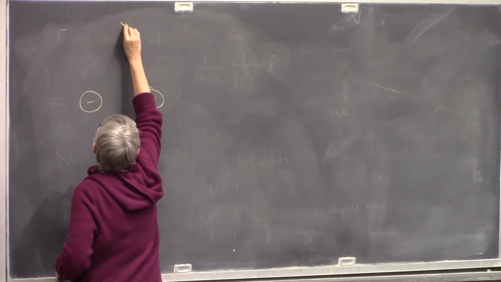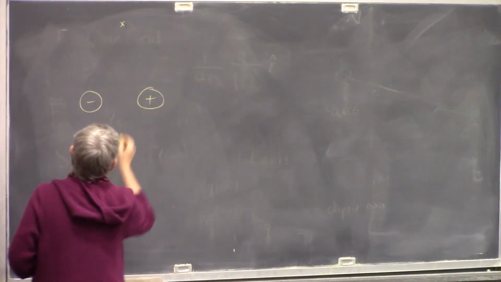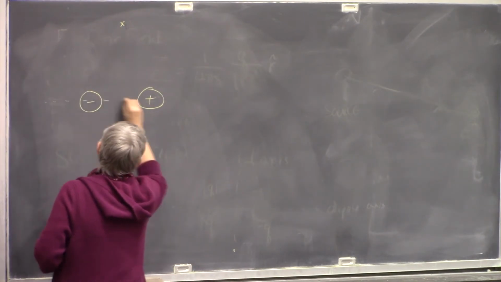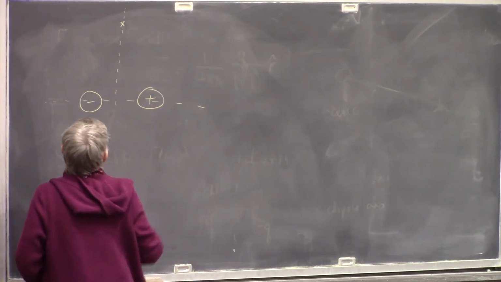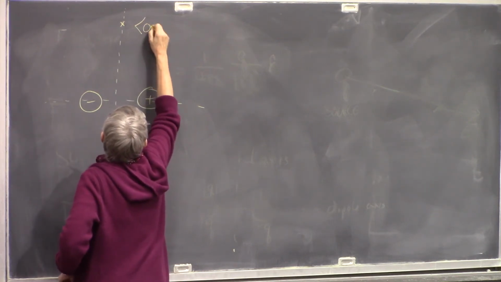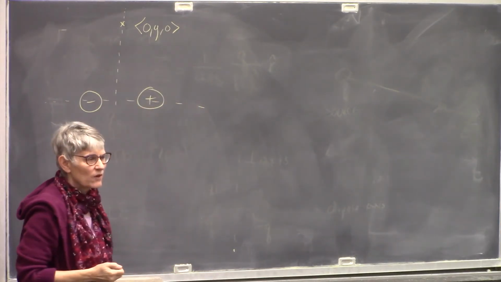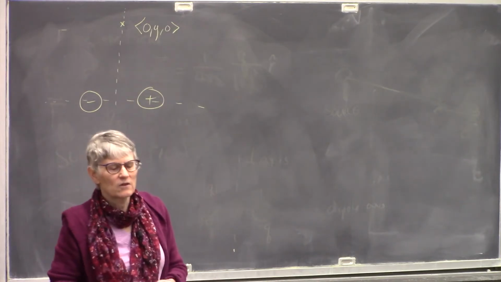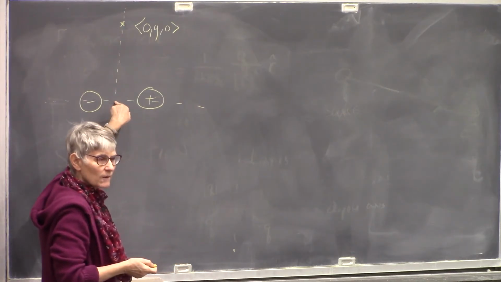We can survive it. So here's our dipole. Here's the dipole axis. We're taking a location on the perpendicular axis. We're going to call our observation location <0, y, 0>. We're going to put our origin right in the center of the dipole.